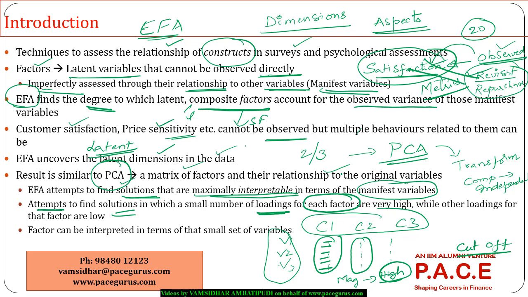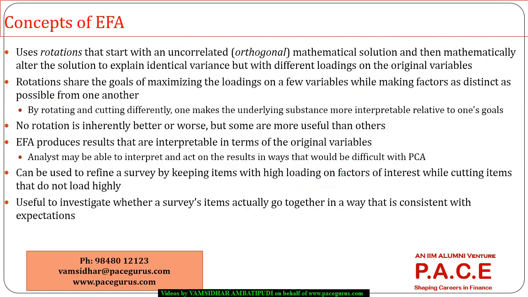Which means, instead of looking at the overall factors as a composite linear combination of various variables, I'm looking at only a small set of variables influencing each of the factors. So that's the difference that you could see between exploratory factor analysis and principal component analysis.